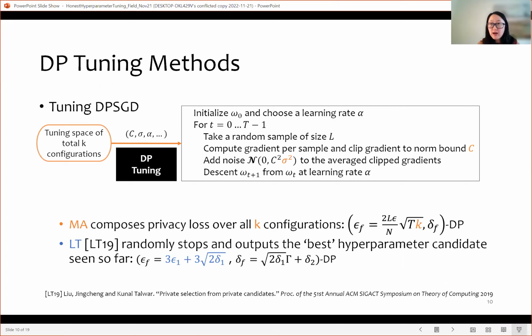For this tuning method, the overall privacy cost, indicated here as epsilon f, only depends on epsilon 1 and delta 1, the privacy cost per algorithm or per model training. This seems really nice because it doesn't directly depend on the total number of configurations that you need to consider. So if we just look at these two expressions here for MA and LT, I would probably choose LT as my standard tuning method under differential privacy.